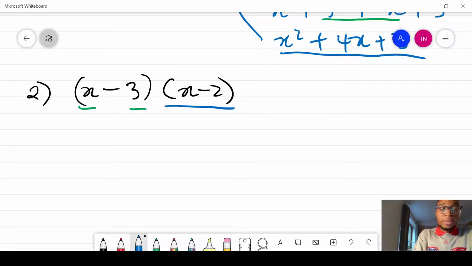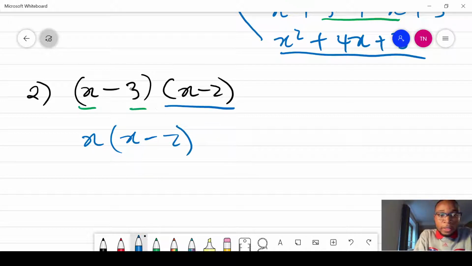So what this ultimately leads us to is x multiplying that whole part that we had there. Then since here we have a negative, this becomes minus 3. Then we multiply this whole.